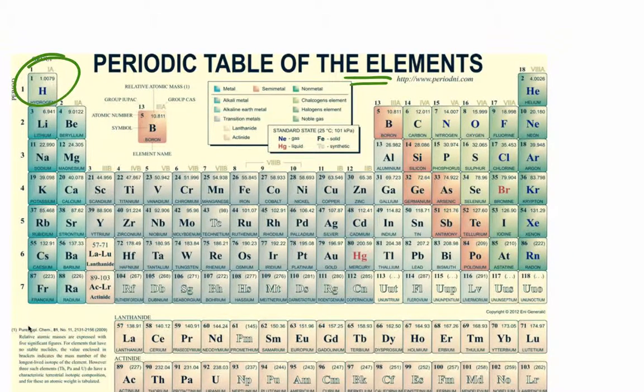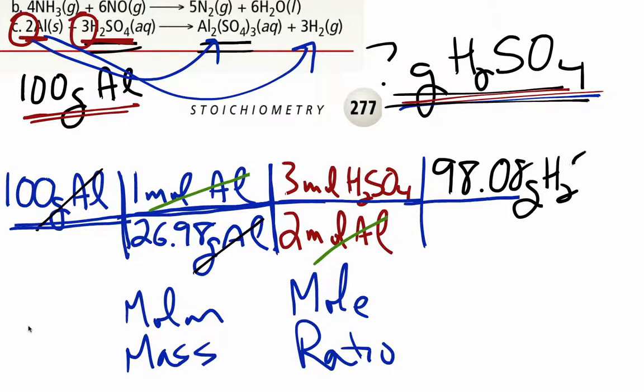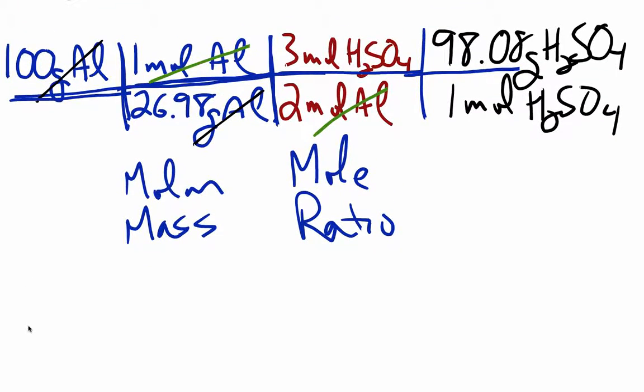So it's 2 hydrogens, a sulfur, 4 oxygens, kind of a big mass. The mass is 98.08. Again, that's in grams. I want an answer in grams, so I'm going to put that value on top, 98.08 grams of sulfuric acid. That is what I want. 1 mole of sulfuric acid is what that amount is in. So now I have my answer set up.